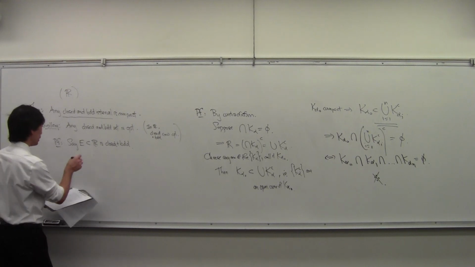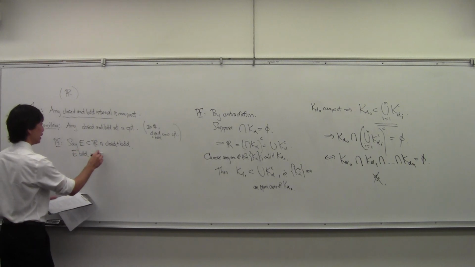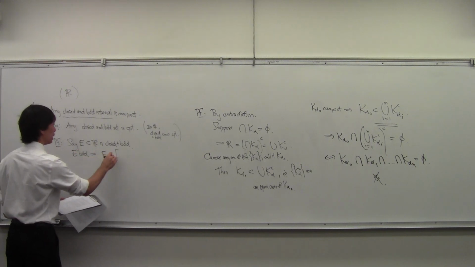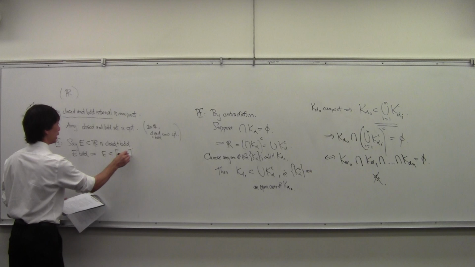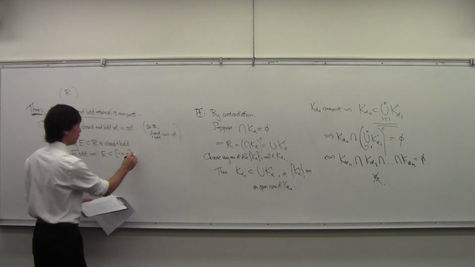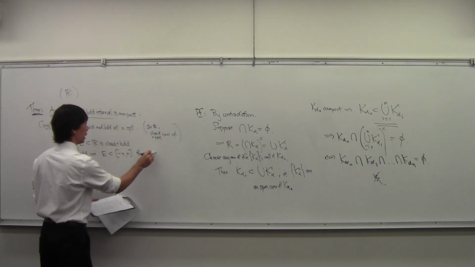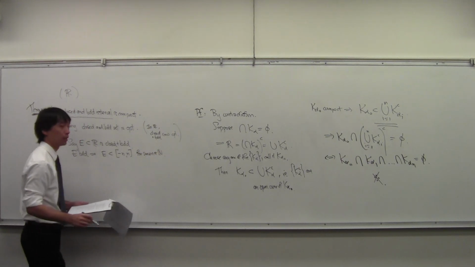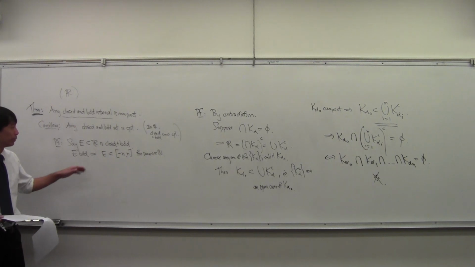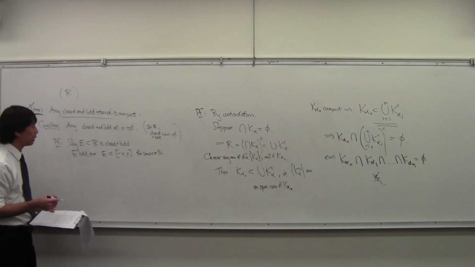Well, since it's bounded, it implies that E is contained in some interval negative n to n, for some n. Right? That's what bounded means.